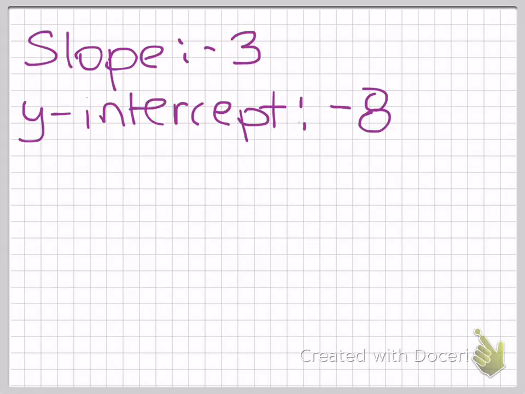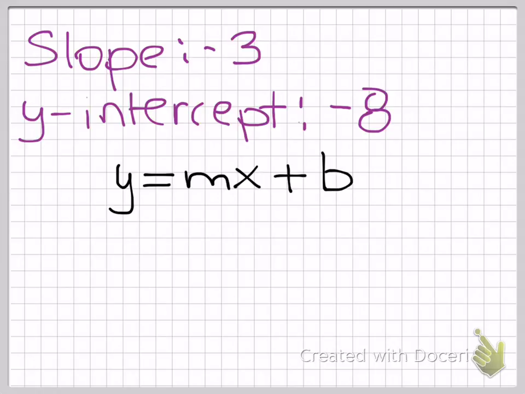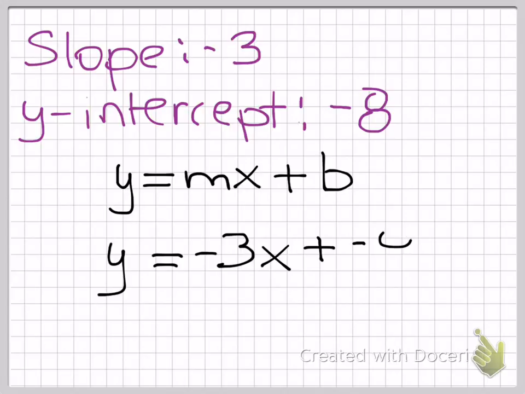Now we're going to try another one. So slope-intercept form asks us to put the m as our slope and the b as the y-intercept. So our slope here is negative 3. So I'm going to put that in for m. And our y-intercept is negative 8.